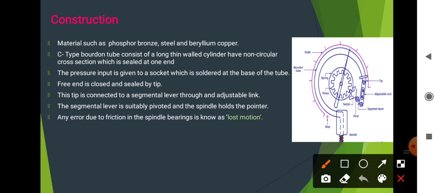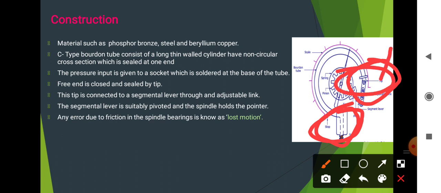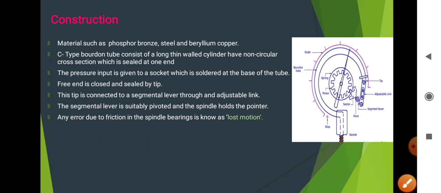The Bourdon tube has two ends. One is the fixed end, and the other one is the free end. At the fixed end, the pressure input is given to a socket which is soldered at the base of the tube, and the second one is the free end which is closed by the tip.